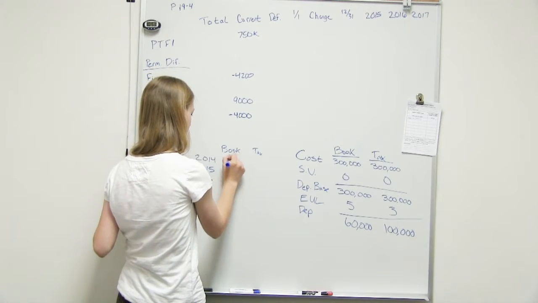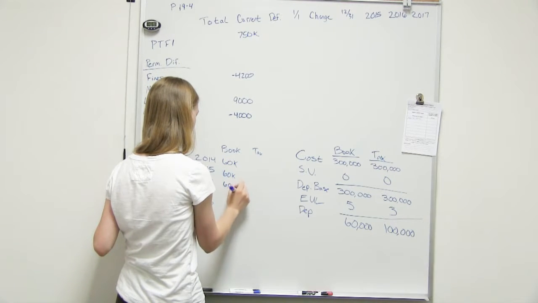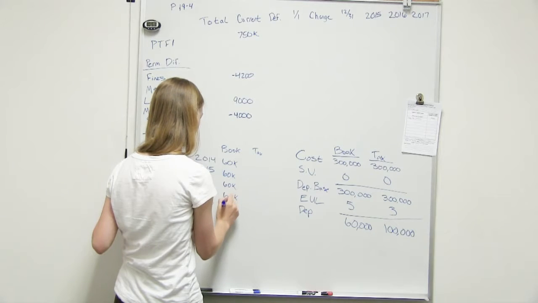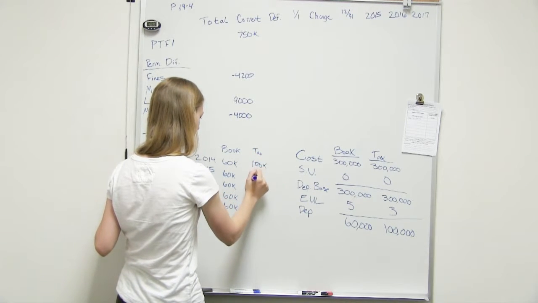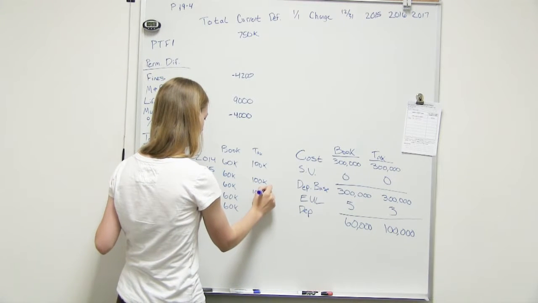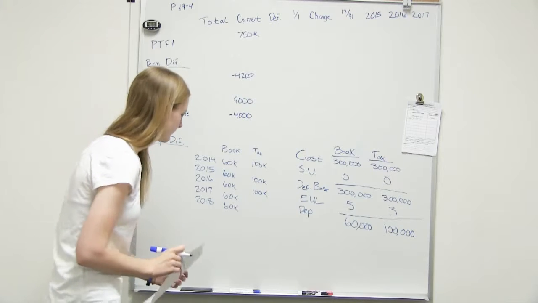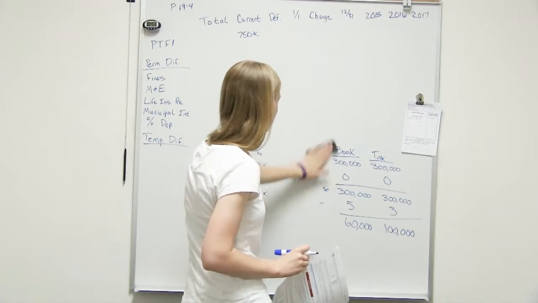So it'll just be 60,000 all the way down for the book. And then 100,000 for 3 years for the tax. I'm gonna go ahead and get rid of this part.